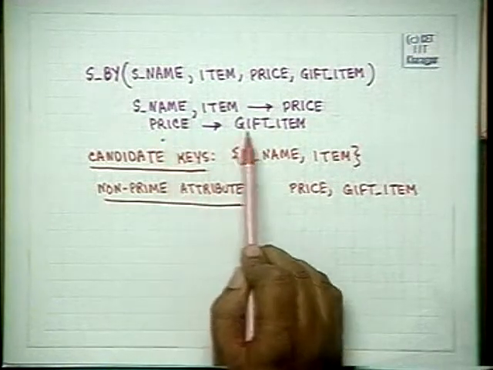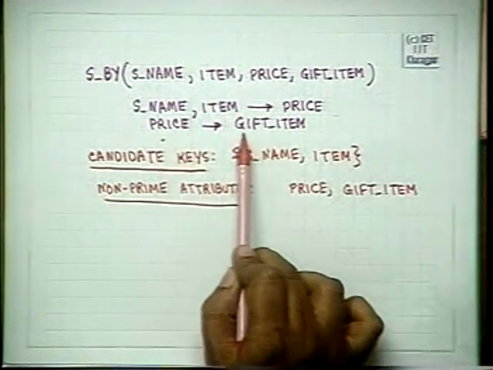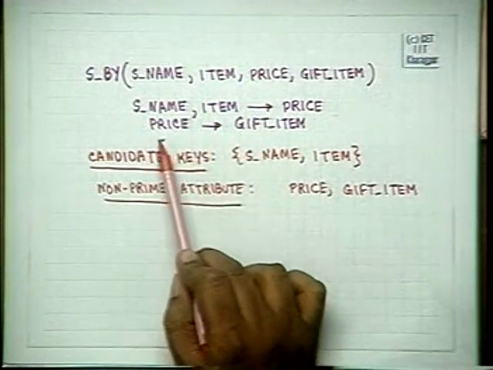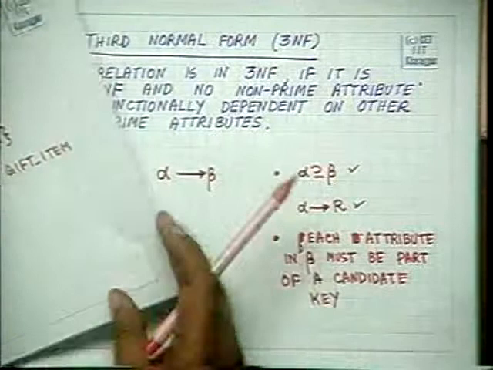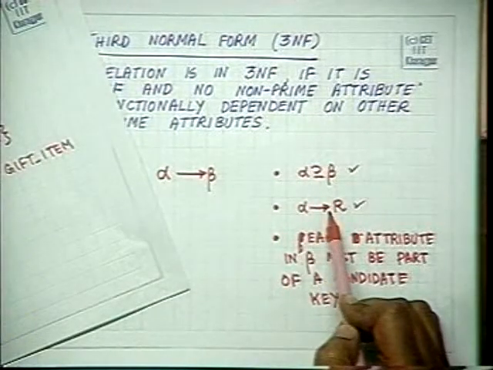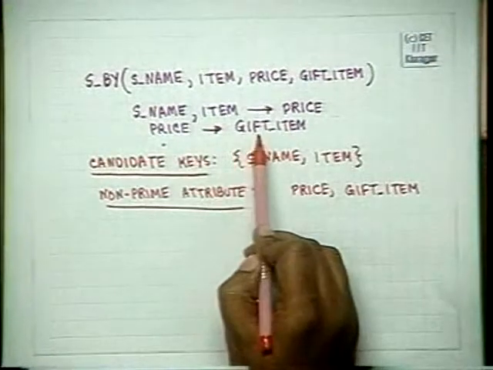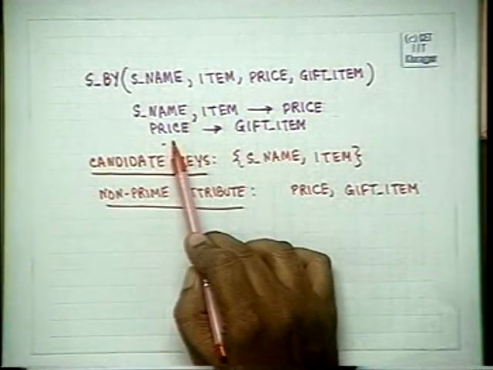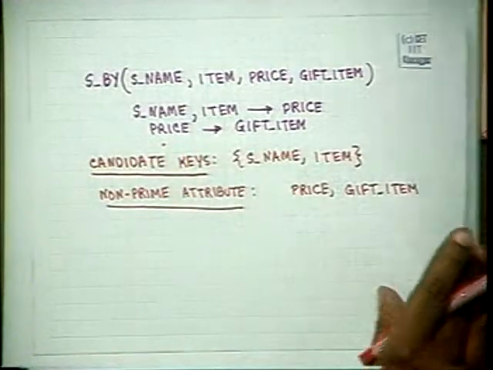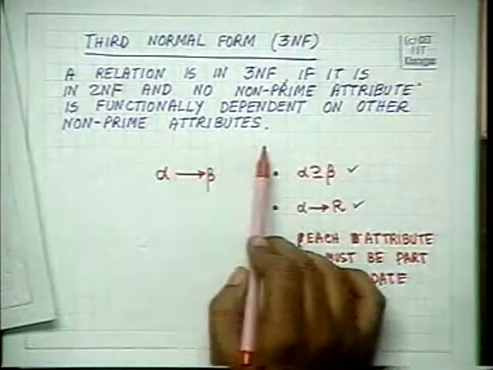But here this is in 2NF, so this condition is not satisfied by either this one or this one. What is this condition? A non-prime attribute is dependent on another non-prime attribute. So a non-prime attribute is functionally dependent on another. So you prevent that one.